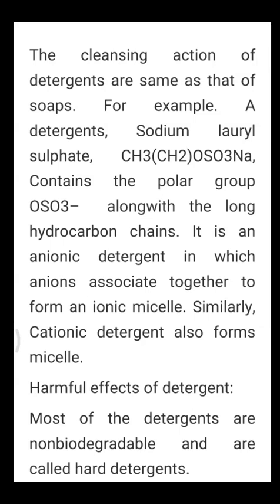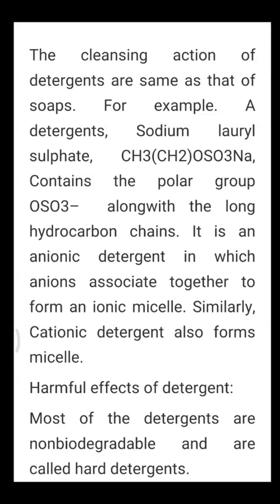Now there are some harmful effects of detergents as well. Most importantly, detergents are non-biodegradable. The detergents cannot be decomposed by the bacteria. The more the branching in the structure of a detergent, the more non-biodegradable it will be.